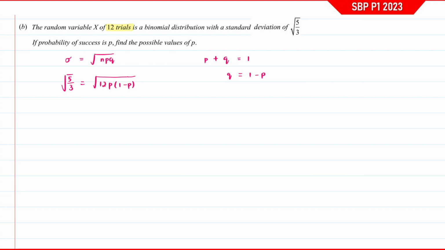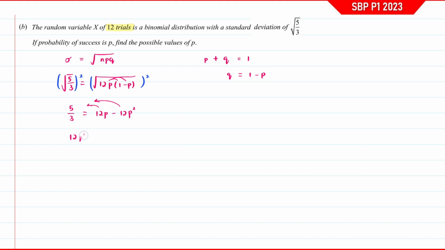So to get rid of the square root, we're going to square both sides. So what is left is 5 over 3 equal to, expanding this, 12p minus 12p squared. As this is a quadratic equation, we're going to write this in general form.